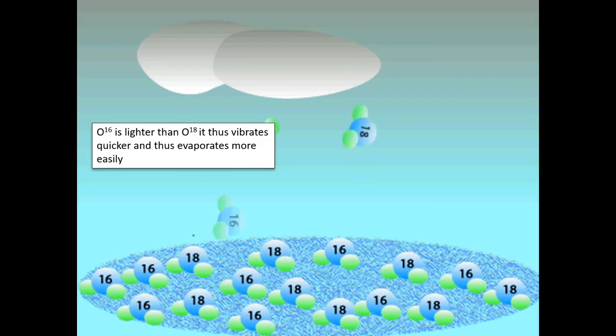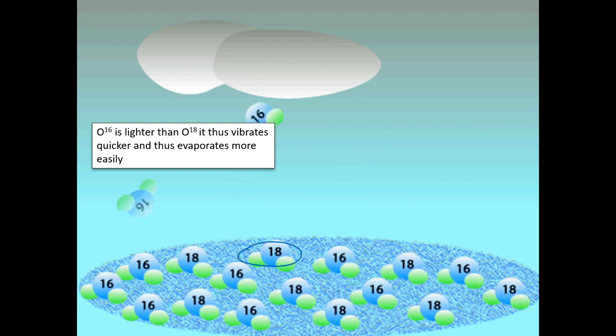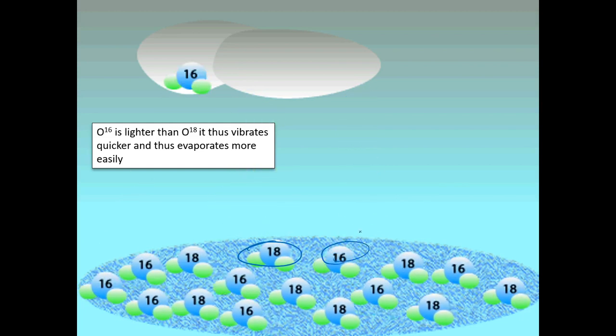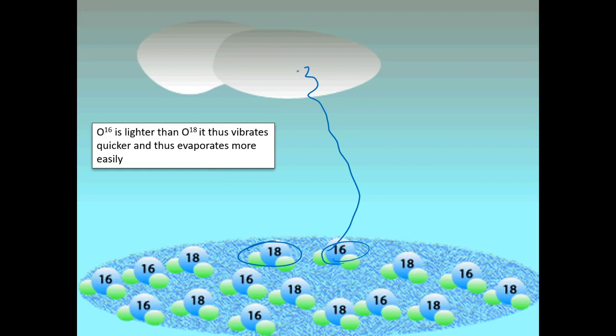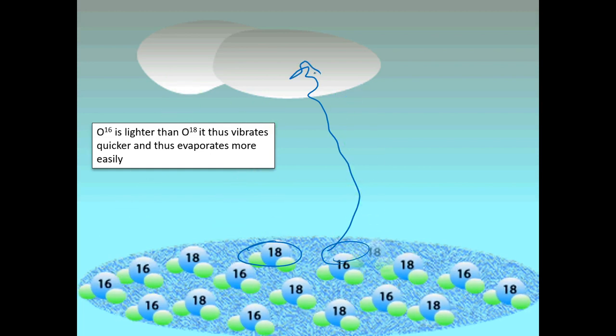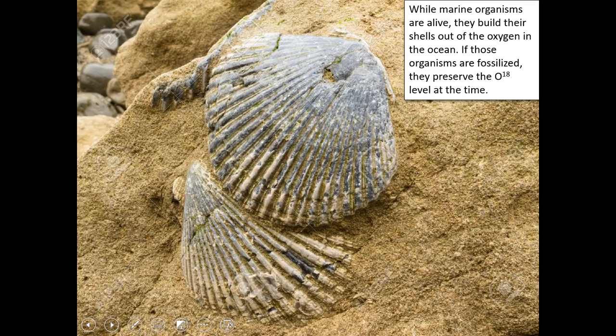This is showing how the oxygen 18s do not vibrate as quickly as the oxygen 16. So the oxygen 16 goes flying up into the clouds and becomes the H2O that goes into the cloud. Okay, now this is the rub.